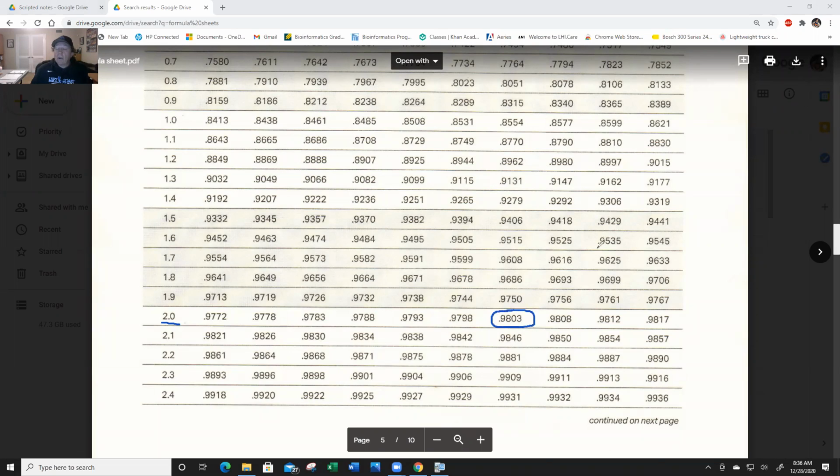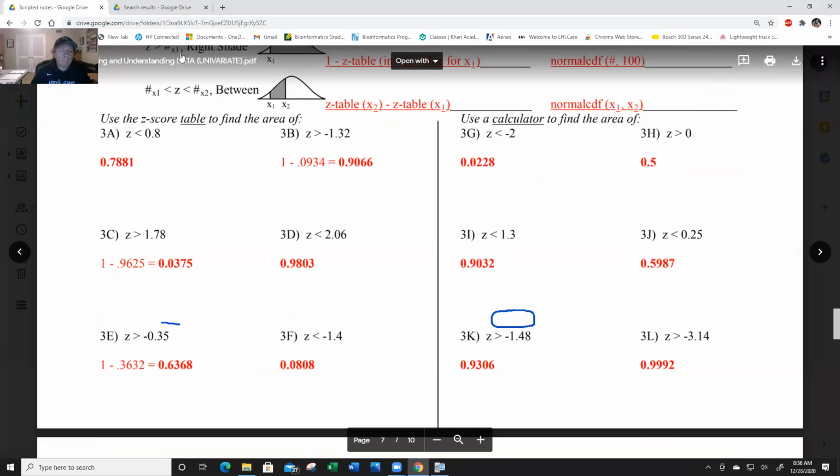And that is the area below, so that's the answer, 0.9803. That one's pretty easy because that's just the area below, which is directly off the table. All right, there it is, 0.9803. Clear that real quick. That's the one I just did.